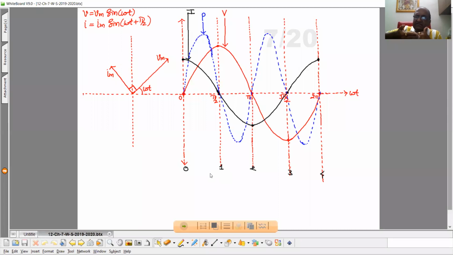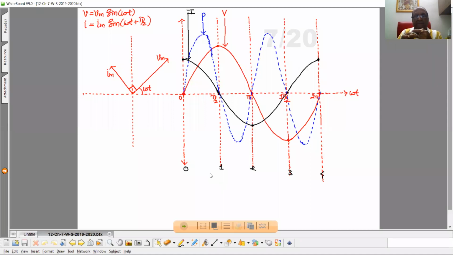Then during the second 1/4 cycle, the capacitor will discharge and supply the energy to the source. Then the voltage cycle changes from positive to negative.